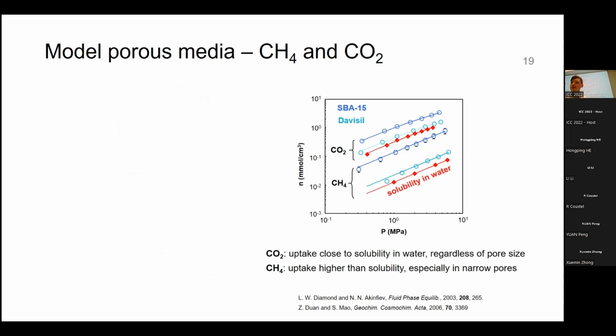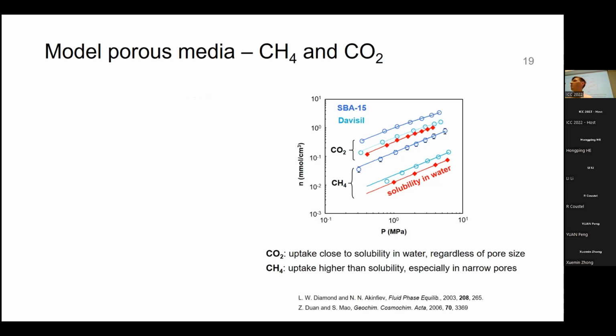And what we can see is that in case of Davisil, which is sky blue, the solubility explains pretty well the uptake of gas. While in case of SBA-15, which has narrow pores, we adsorbed more gas than solubility allows, and the effect is more pronounced in case of methane.